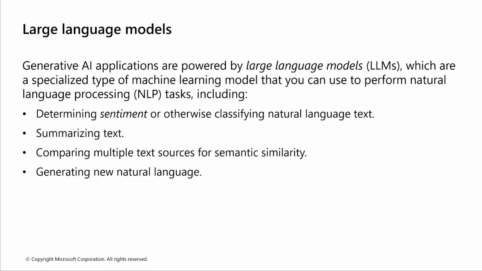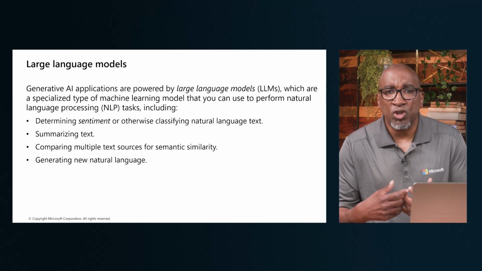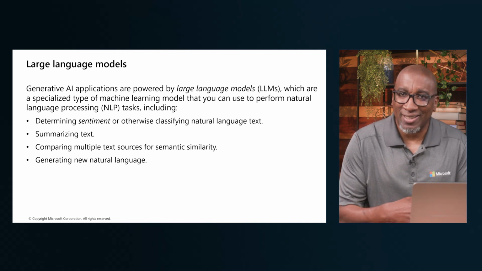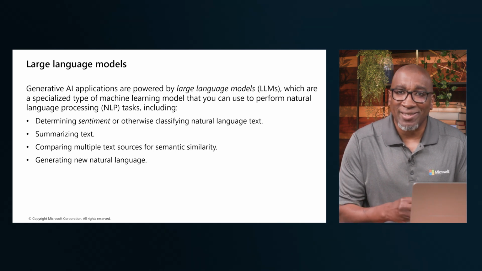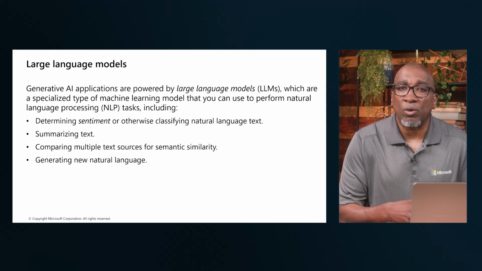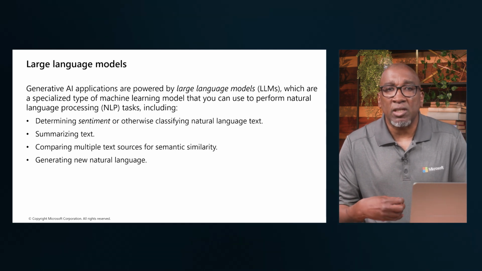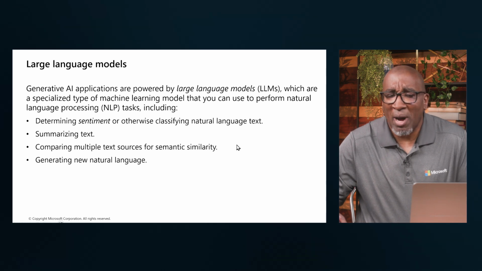So the engine behind this are large language models, or LLMs. These are specialized machine learning modules used for natural language processing tasks. These modules can determine sentiment, summarize text, compare multiple text sources, and generate new natural language. We can look at these large language models as a type of transformer model.